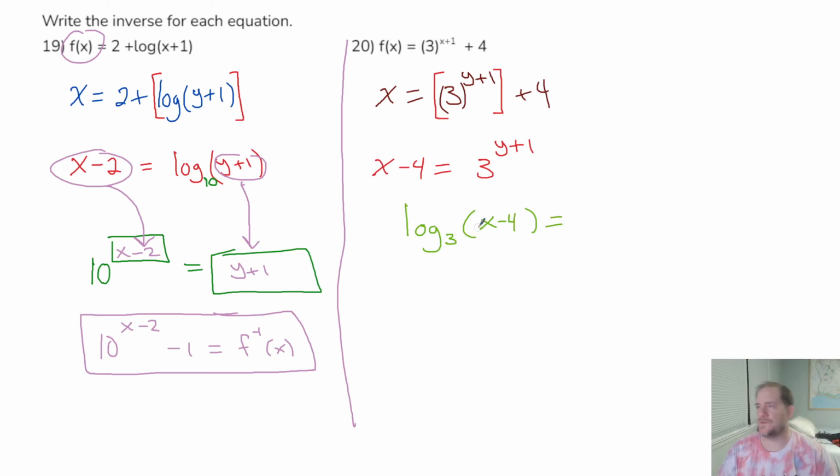Then what this log is supposed to equal is whatever power we had on 3, so y plus 1. And then to get to a final answer, just subtract 1 from both sides. So your final answer is log base 3 of x minus 4, minus 1. And that would equal f inverse.